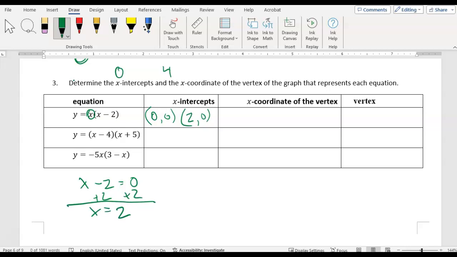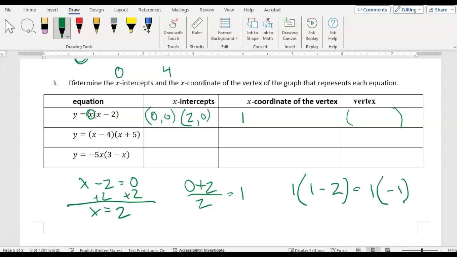The x-coordinate of the vertex is the midpoint between 0 and 2, so 0 plus 2 divided by 2 is 2 divided by 2, which is 1. So 1 is the x-coordinate, but then I need to plug that in to find the y value so I can give the full vertex. So 1 times 1 minus 2 equals 1 times -1, which is -1. So 1, -1 is our vertex.